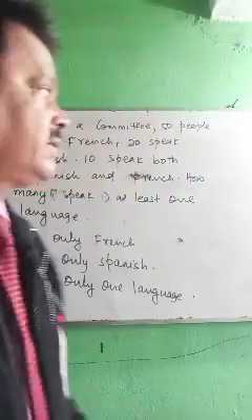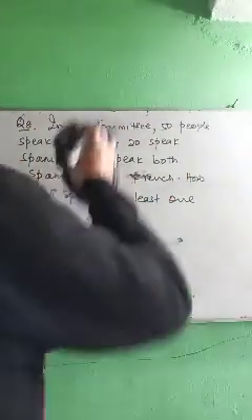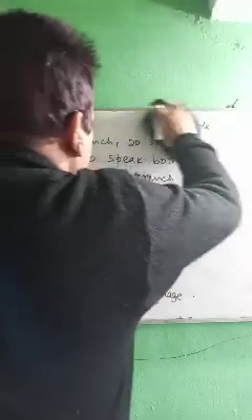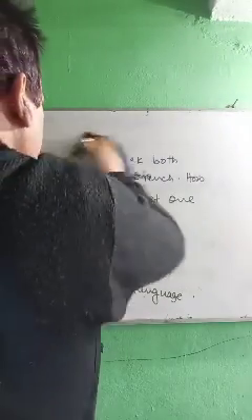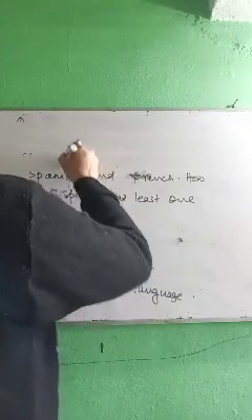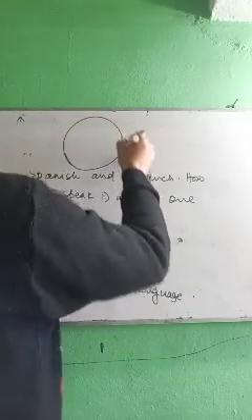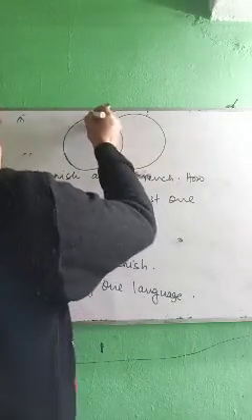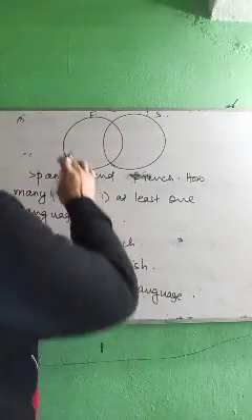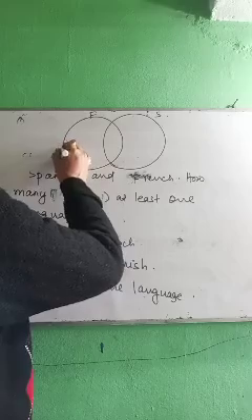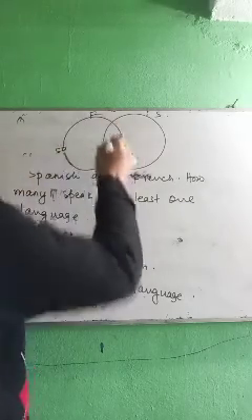So if I write, let's make two sets. This is French, this is Spanish. 50 you write here on the border. This is 50.